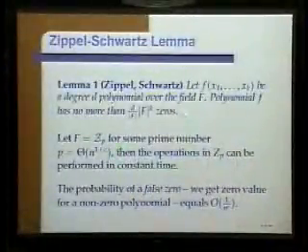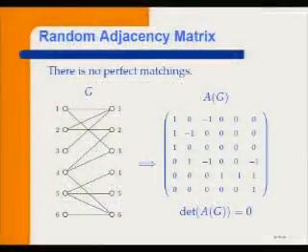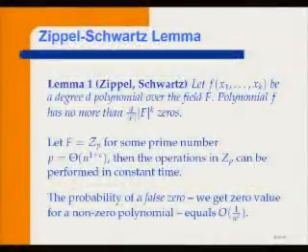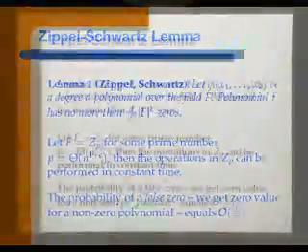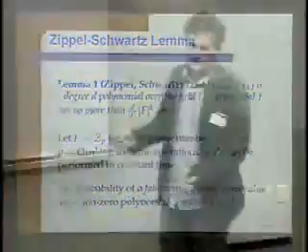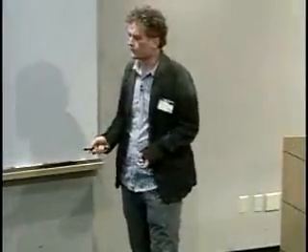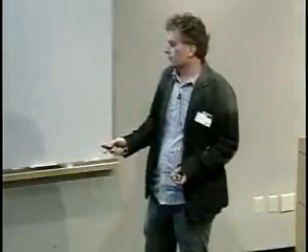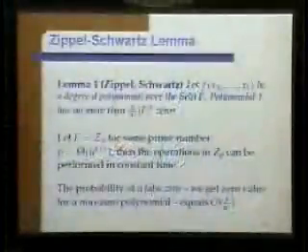Applying this, if we take this matrix and substitute the elements from Z_p into it, then the probability of a false zero, the case when we have a perfect matching in the graph and the algorithm returns that there is no perfect matching, can be bounded by 1 divided by n to the power 3. So it can be arbitrarily small.